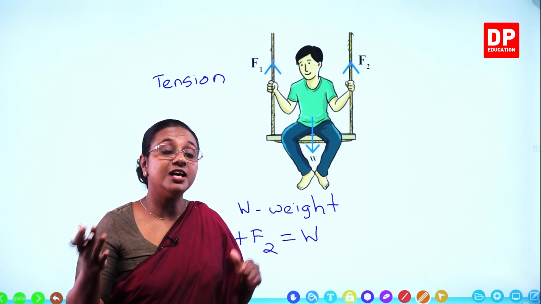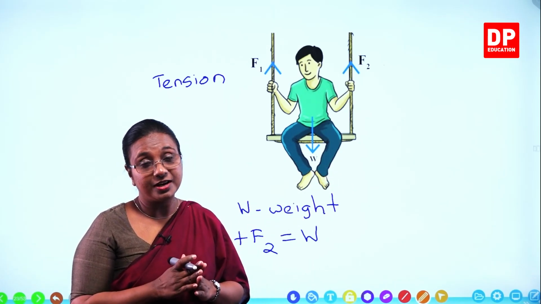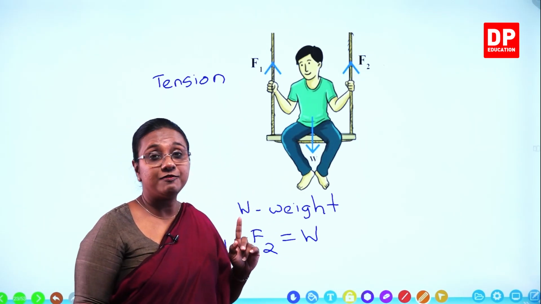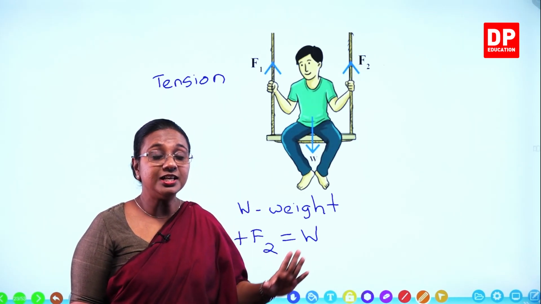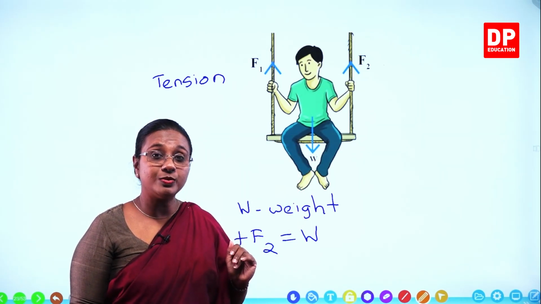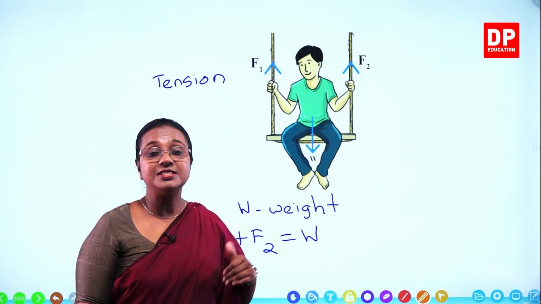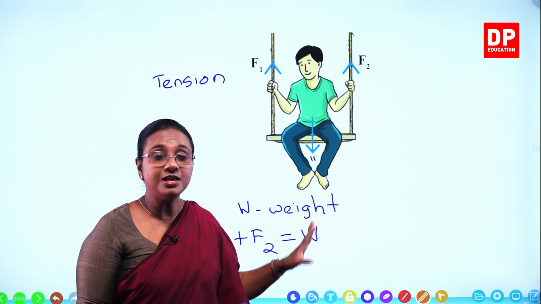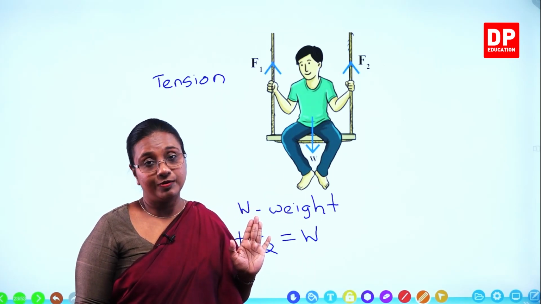Then, of course, the tension can be different. But normally, in an instance like this, F1 and F2 will be equal to each other. They will act in one direction. The weight of the child with the swing will be downwards, that is in the opposite direction. They are all coplanar, parallel. So, the system is in equilibrium.